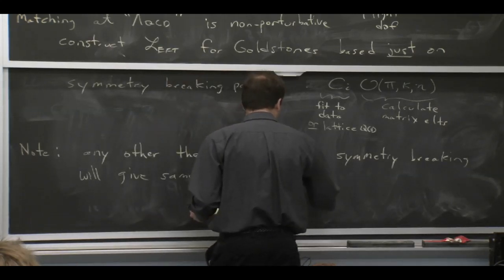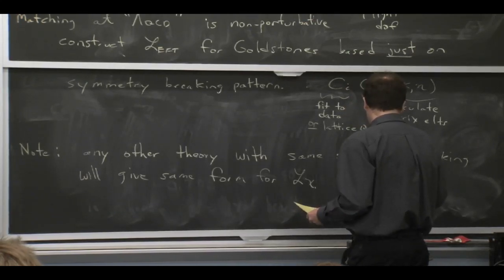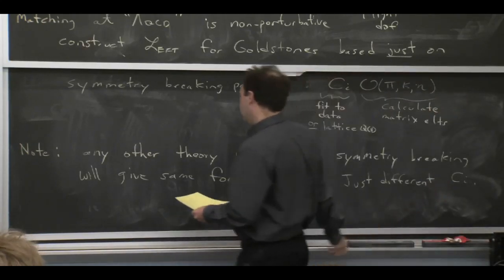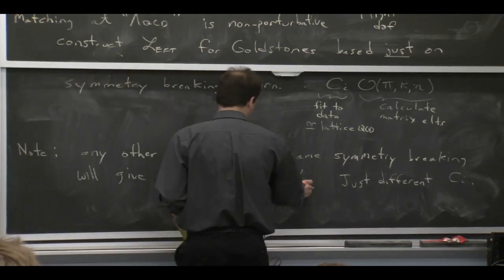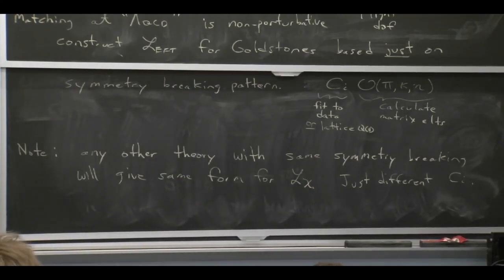And the thing that distinguishes them is that they would have different coefficients, and you wouldn't know that unless you figured out what the coefficients are. So that's another way of saying that the high-energy physics is being encoded in the coefficients. Okay? So the same Chiral Lagrangian would show up for different high-level theories that had the same symmetry breaking pattern.